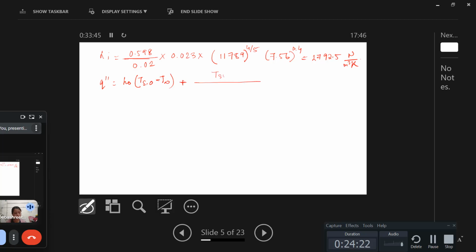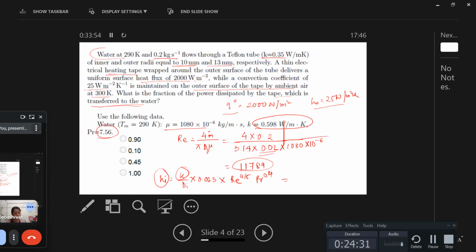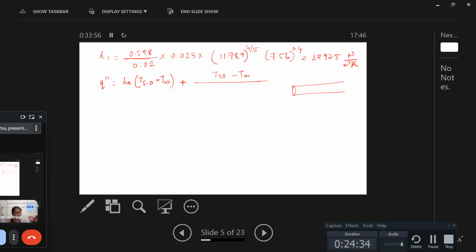So this is given by (TSO minus Tm), if TSO is the surface temperature of this Teflon tube, divided by R naught by K Lm, R naught by Ri, plus R naught by Ri divided by Hi.